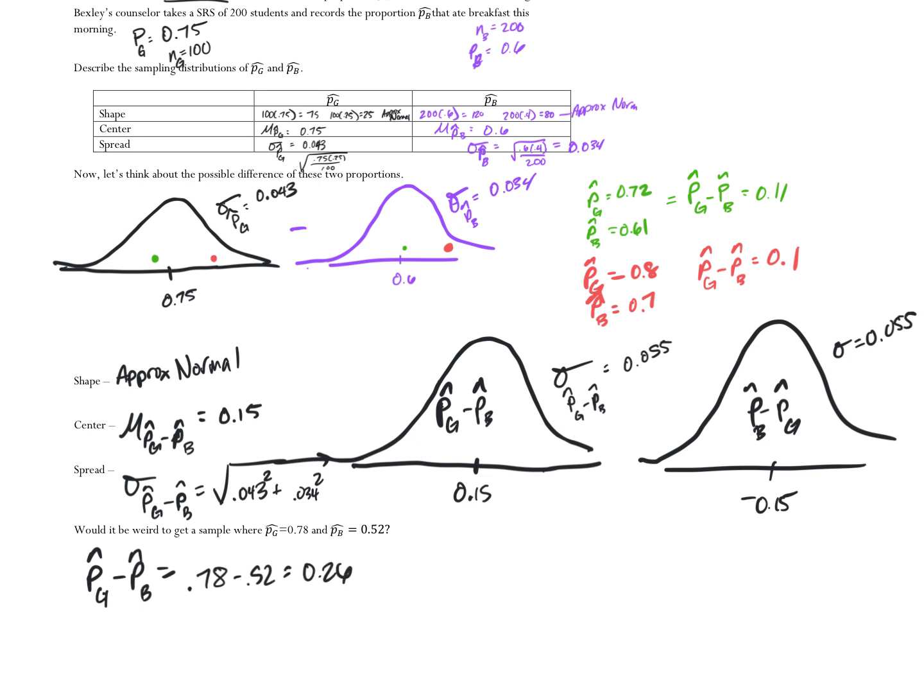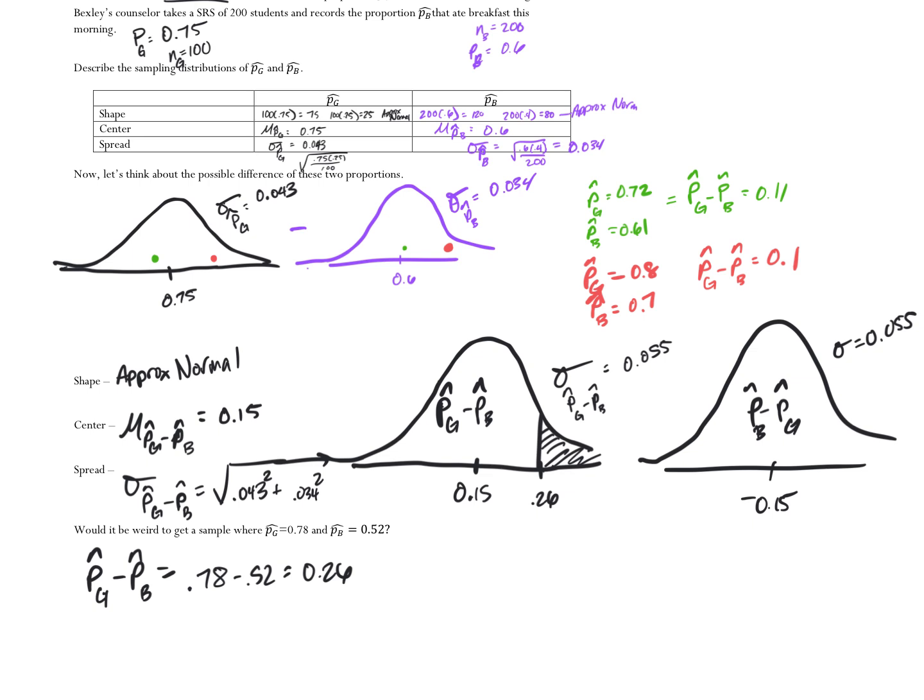So to calculate that probability, here's 0.26. The way I decide if something is weird is I find the probability of that or more extreme. That difference is bigger than what we would expect, and so I would shade it to the right.